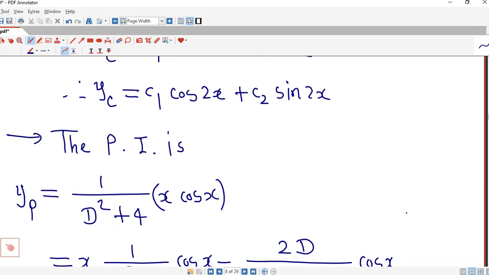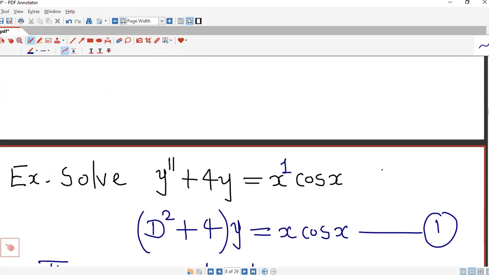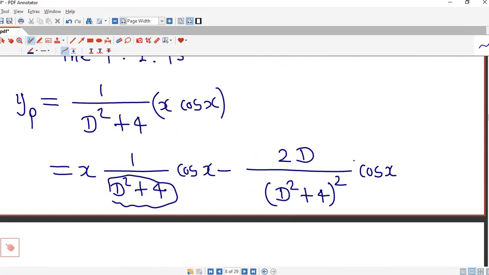So we are applying this formula: 1 over f of D of x g(x) equals x times 1 over f of D of g(x) minus f dash of D over square of f of D, which is applied to g(x). Here f of D is D square plus 4 and g(x) is cos x.